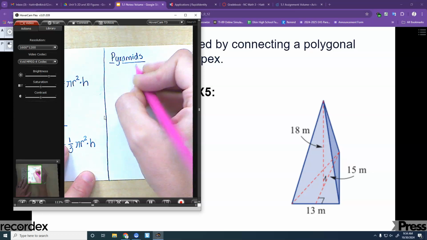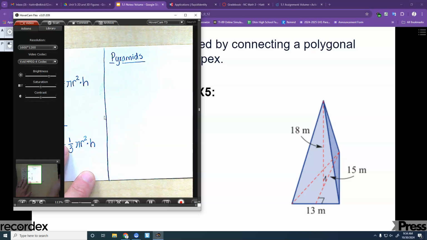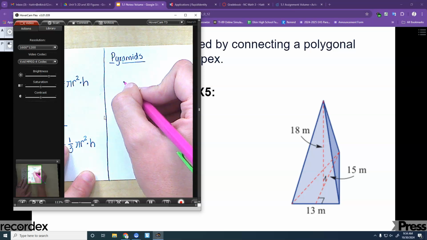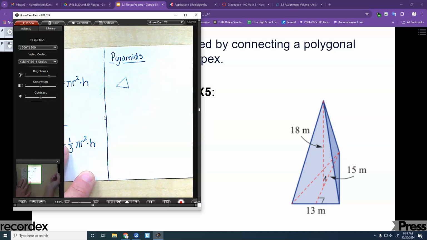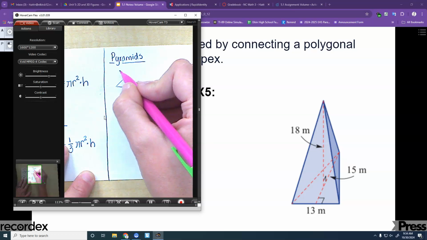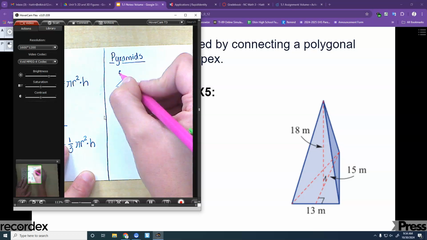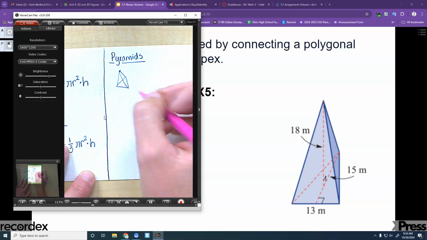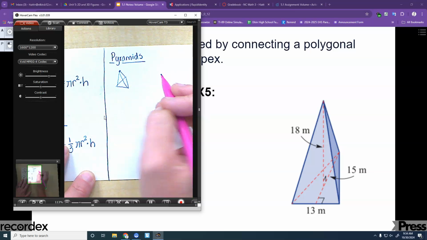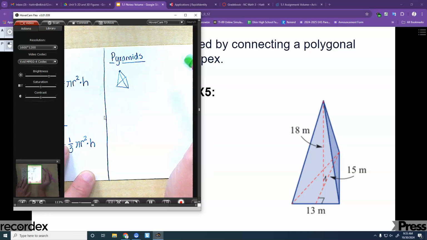What you can do to draw a pyramid is draw your base, like if we got a triangular pyramid right here, and then put a point somewhere up here and connect all of your sides, or all of your vertices, to that point. They're a little hard to draw. They're not easy to draw.